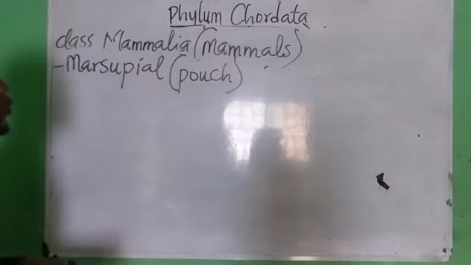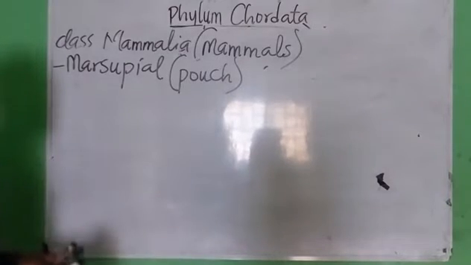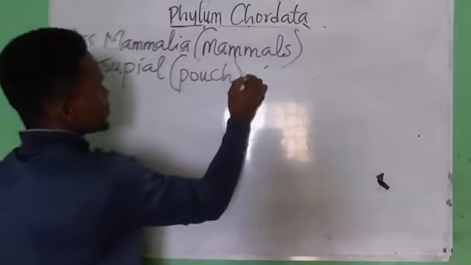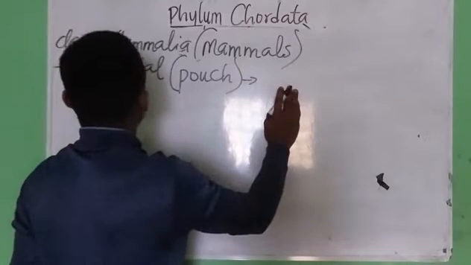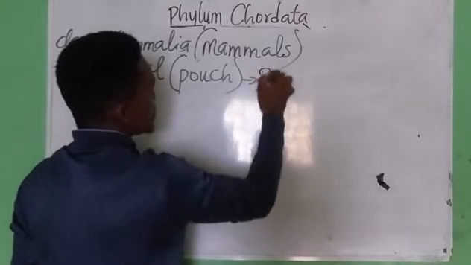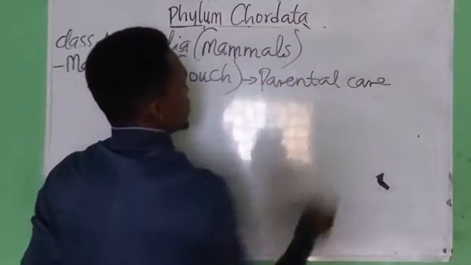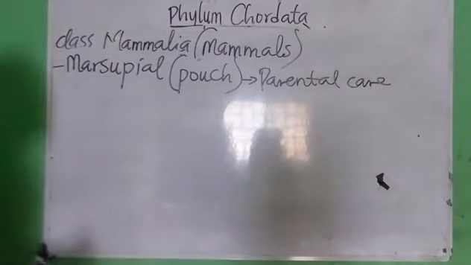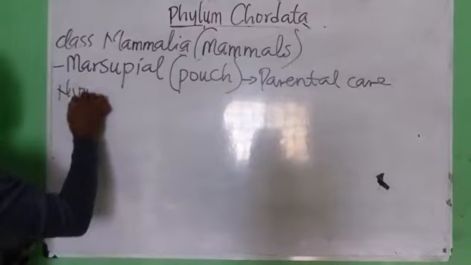All right. So you have to take note of that. Marsupial mammals. All right. Pouch producing mammals. Now, somehow they exhibit parental care. Yeah, parental care. Please take note of that. And they possess nipples.